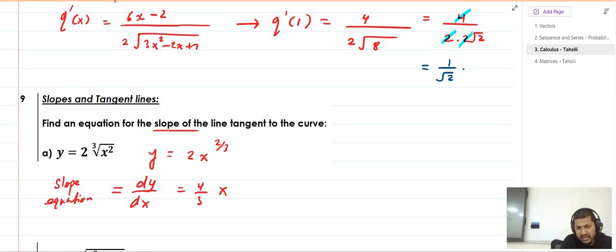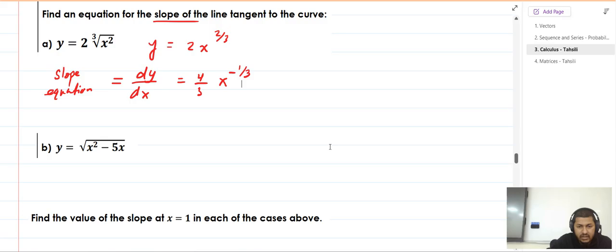So 2 over 3 minus 1 is negative 1/3. And we want to see what part B is saying: find the value of the slope at x equal to 1. If I substitute 1, 1 to the power negative 1/3 is just 1. So the answer is just 4 over 3.